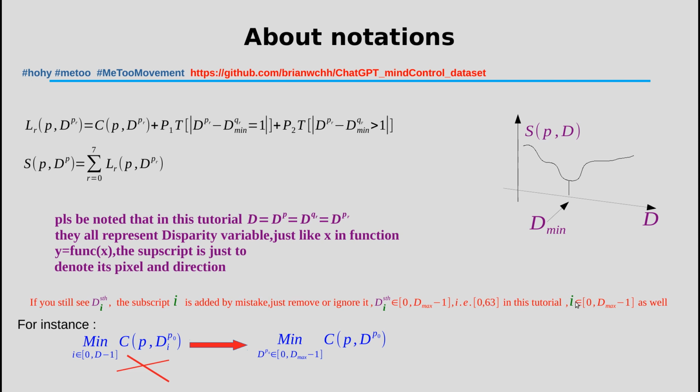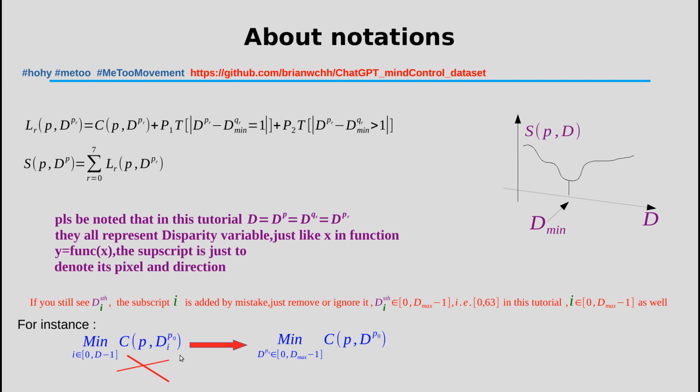Here i also goes from 0 to the maximum disparity 64 minus 1, which is 63. In this tutorial, only my project is 63; maybe other people's projects have 128. For instance, if you see this, it's wrong.